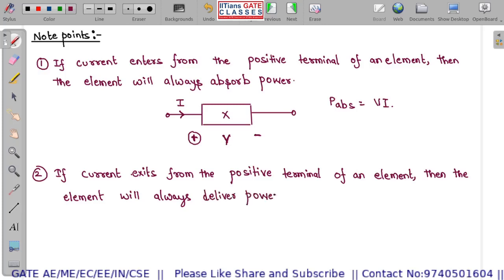That means the element is delivering power.